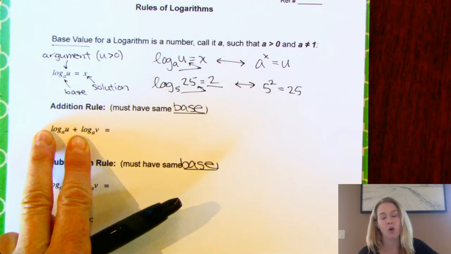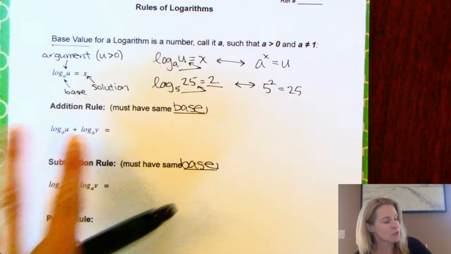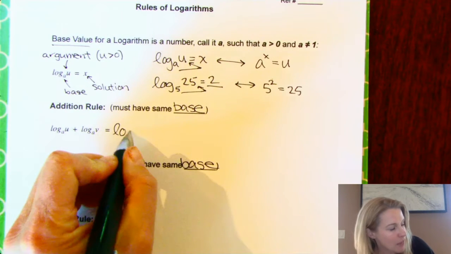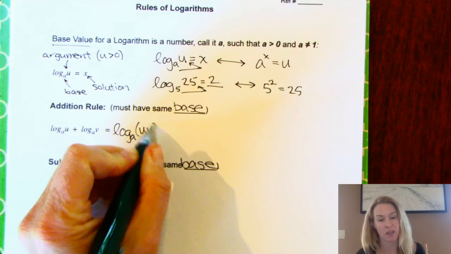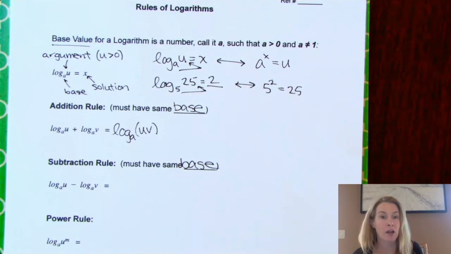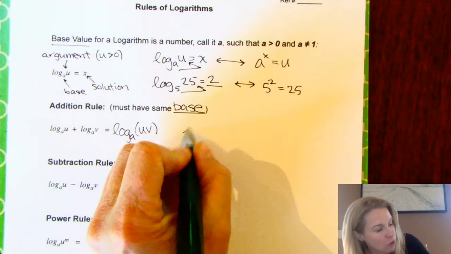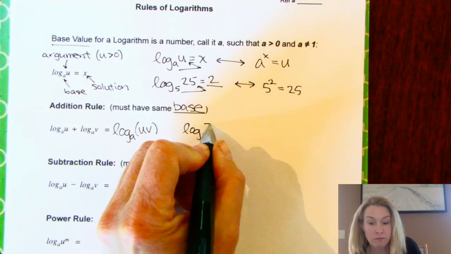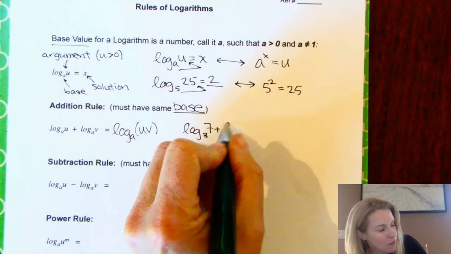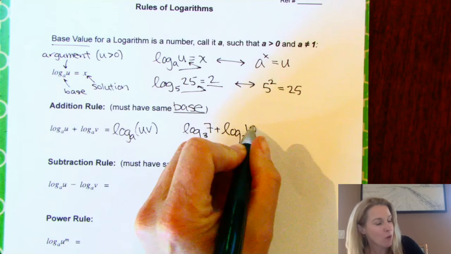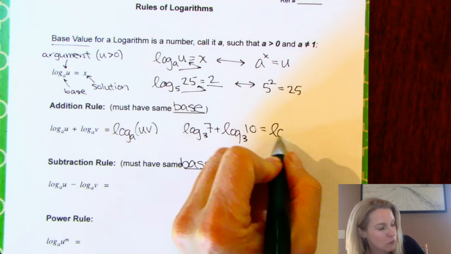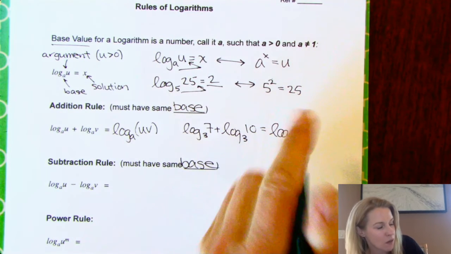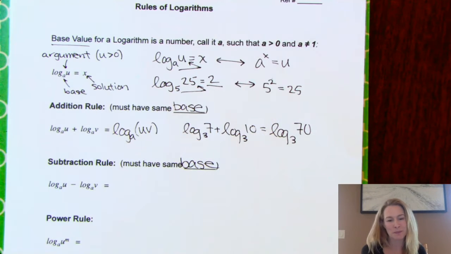In this case, the coefficient is 1. So this combines to log base a of u times v. So an example using actual numbers, for instance, log base 3 of 7 plus log base 3 of 10 would combine to log base 3 of 7 times 10, or 70.